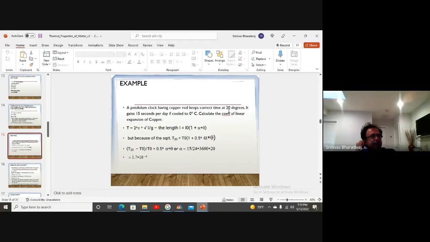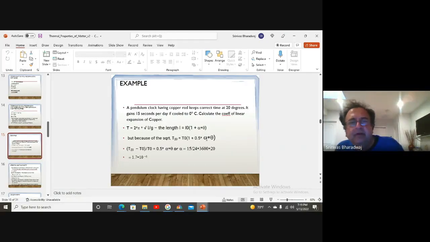If the period decreases, it's going to go faster. The number of seconds it counts is going to be more. So now the coefficient of linear expansion of copper is given by alpha here.